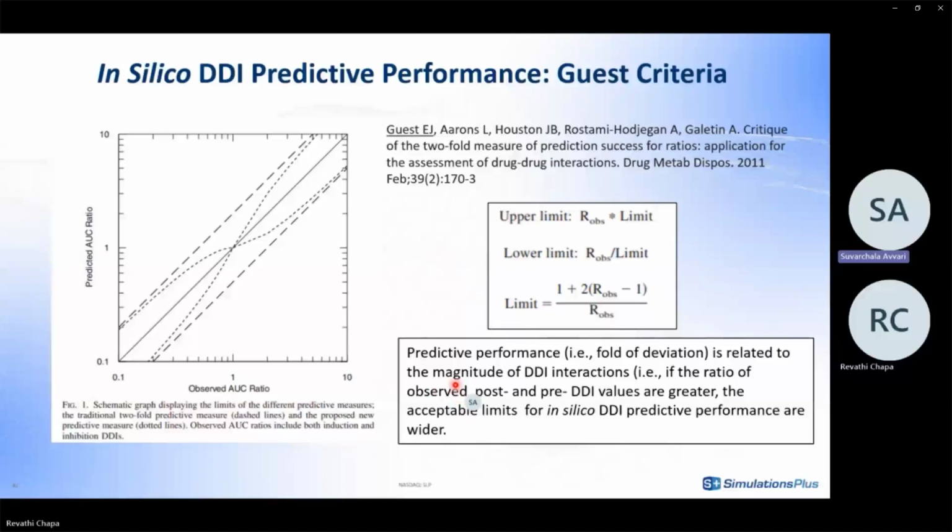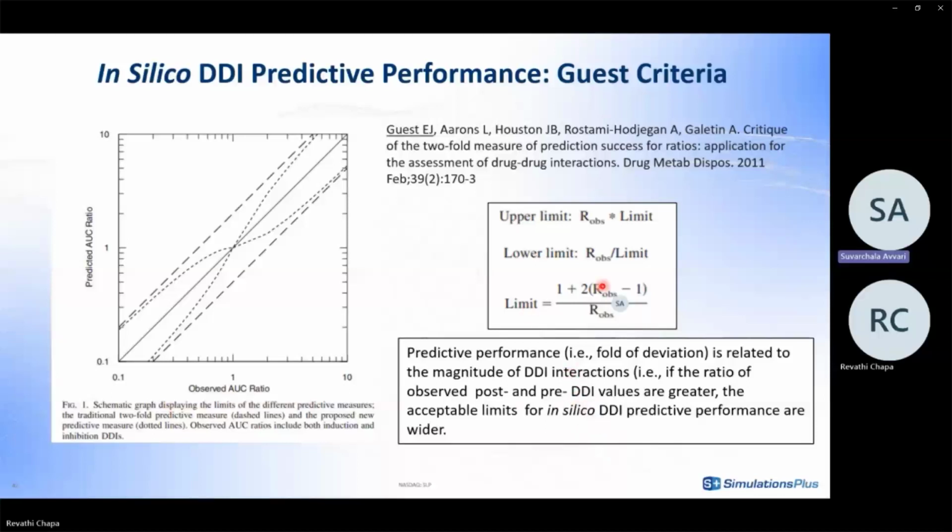So to summarize this prediction performance method, the predictive performance, that is the fold of deviation, is related to the magnitude of the DDI predictions. And the magnitude of DDI interaction in this study is depicted by R, which is the ratio of the observed post and pre-DDI values, which can be for Cmax or AUC.